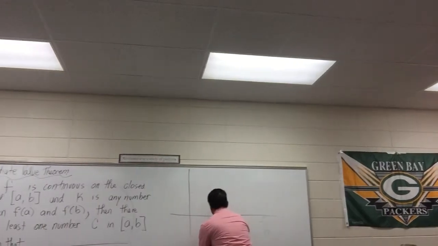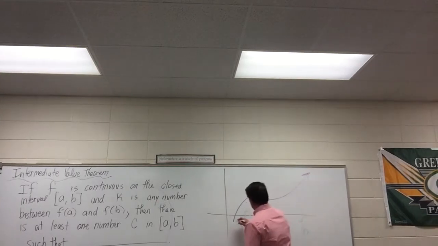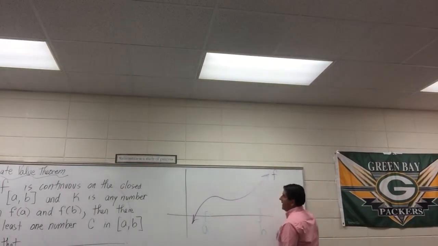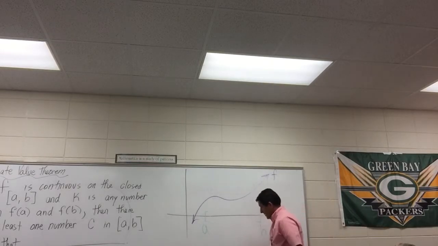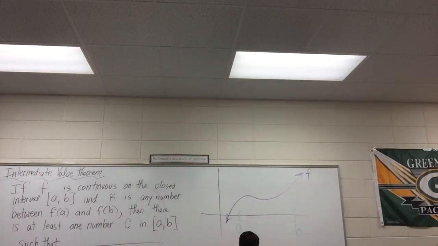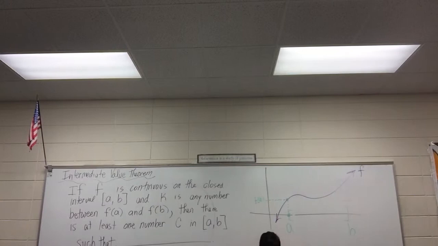So, a continuous function. I'll just make this thing up here. This is my f of x function. So watch this. If I put A in, what I get is a y value, which is f of a.